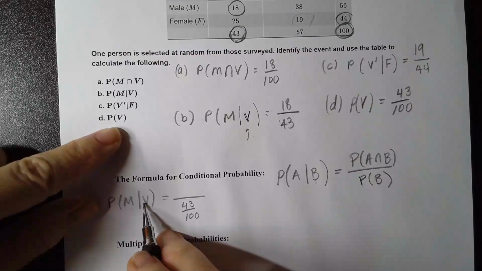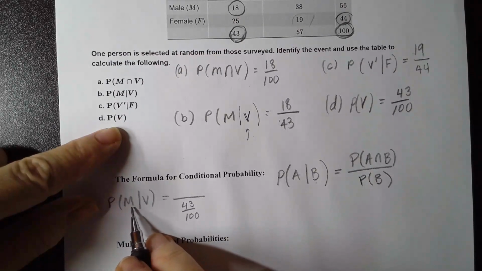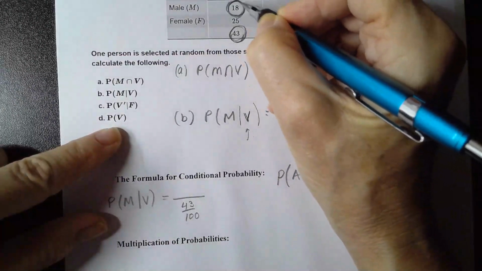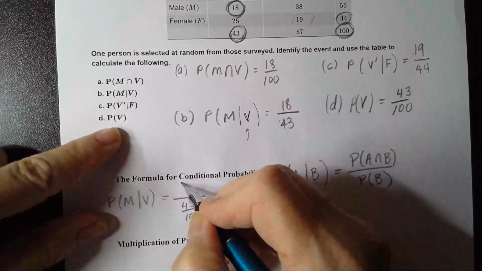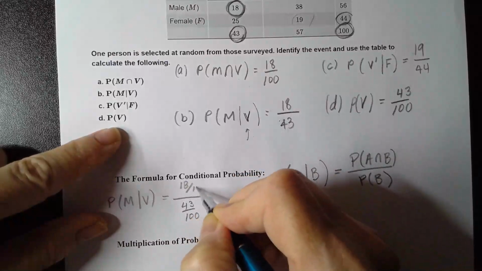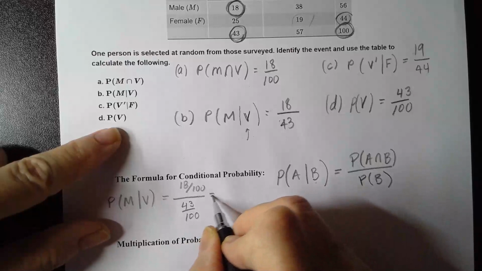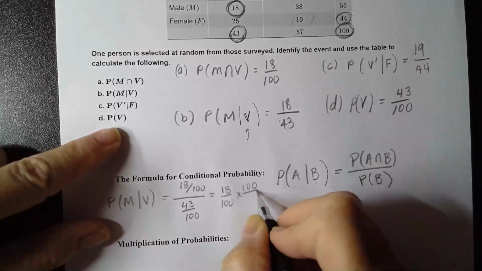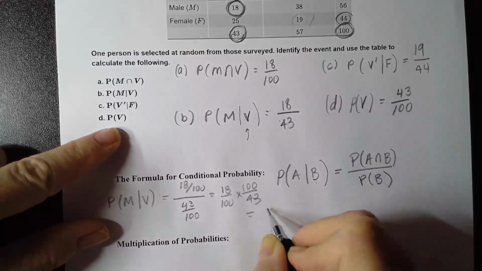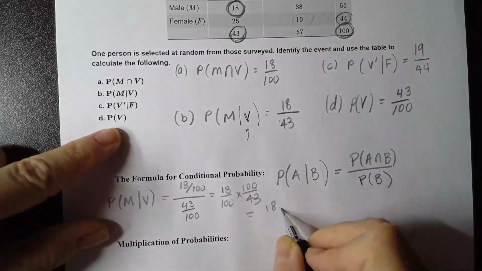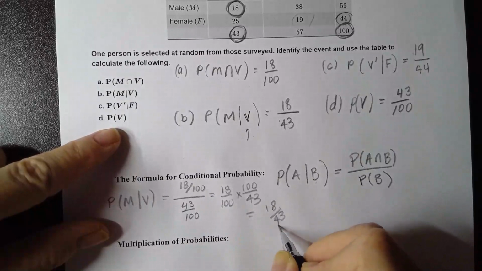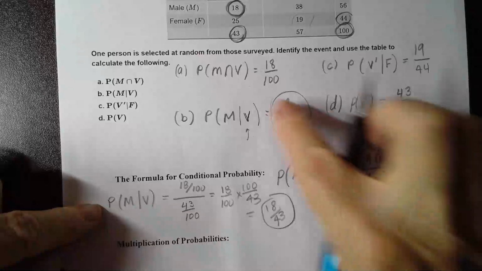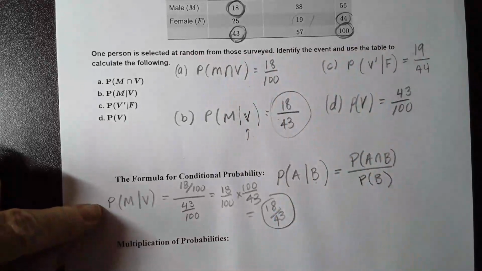Well, that was right here, where males and vegetarians meet. Okay, the intersection of those two. And that was 18 over 100. And if I divide that, 18 over 100 times 100 over 43, I get 18 over 43. Keep, change, flip there. And was that the probability? It was. Okay, so that formula worked for the things that I did up there.